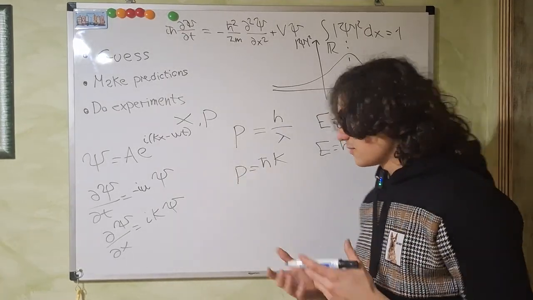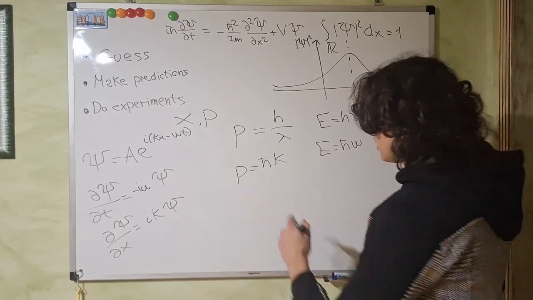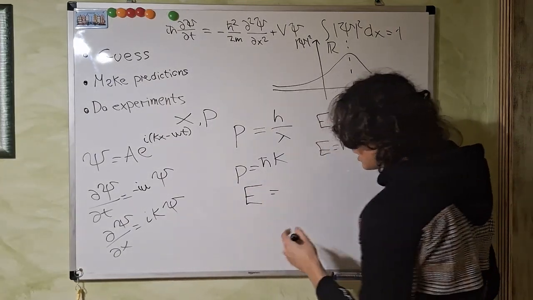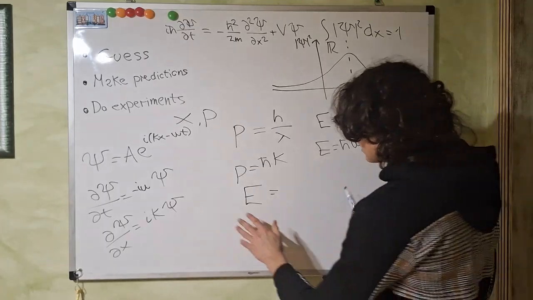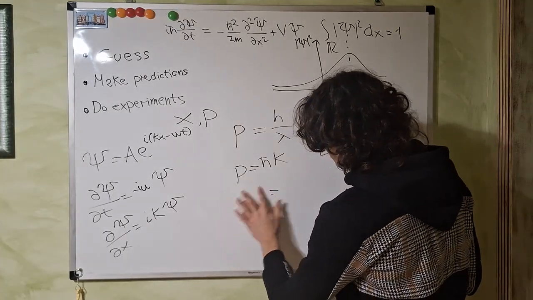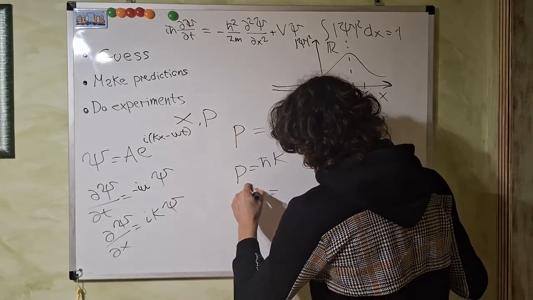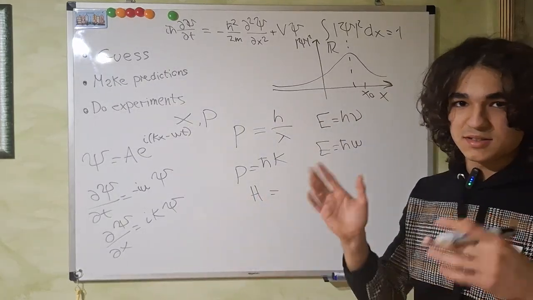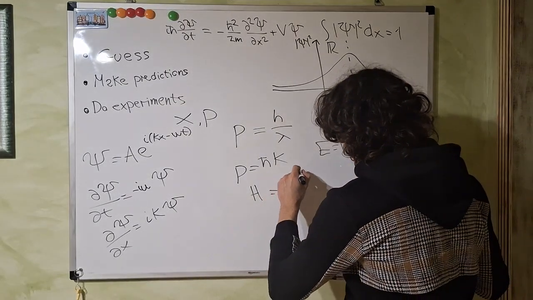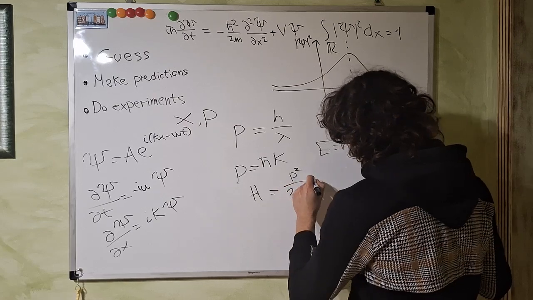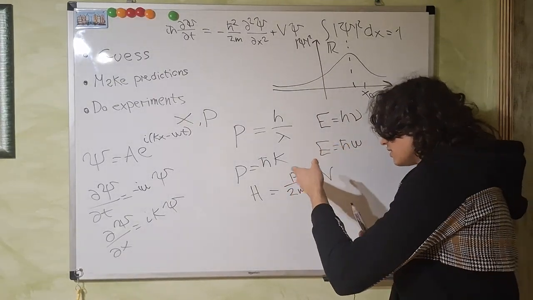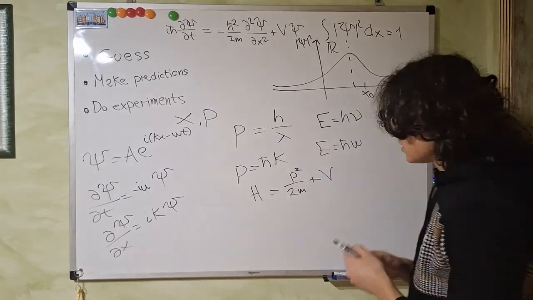And how can we do it? What we're interested in is finding the energy of a system, and the energy of a system is given by its Hamiltonian, and the Hamiltonian is potential plus kinetic energy, so kinetic energy, p squared over 2m, plus V. So, as you can see, we need to find p in some way.